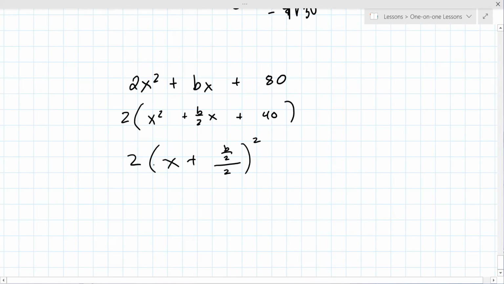So why do you have to divide the b over 2 by 2 again? Because what goes in this space is always whatever's in front of x divided by 2. So it ends up being b over 4 squared equals 40.